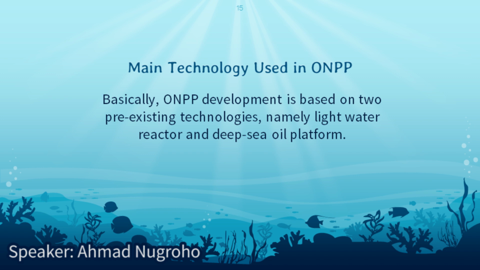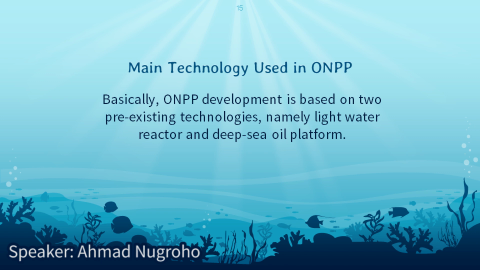I will discuss the main technology used in ONPP and the ability of ONPP to solve the energy problem. The first is the main technology used in ONPP. Basically, ONPP development is based on two pre-existing technologies, namely light water reactor and deep sea oil platform.